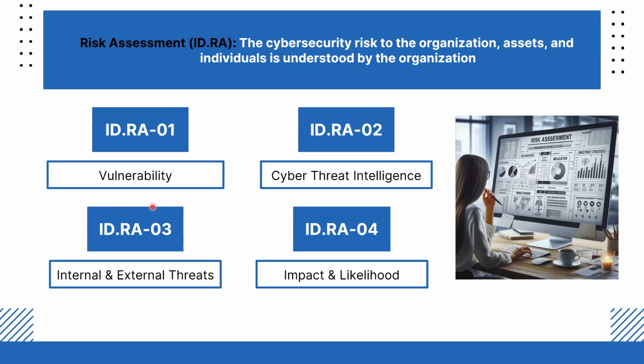And we need to identify these vulnerabilities as part of the risk assessment as well. Next, we have the threats. So threats are nothing but anything that has a potential to cause harm to our assets or processes. Now, risk is nothing but any event where a threat successfully exploits a vulnerability, causing a negative impact.